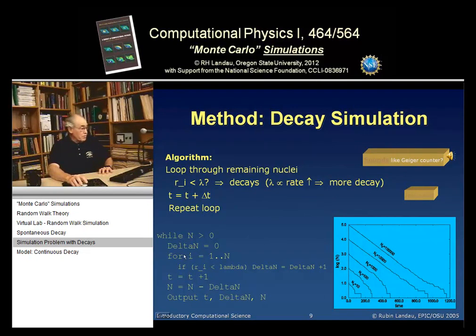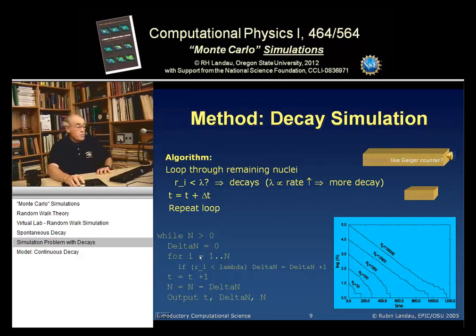It's a for loop. For I equals 1 to the number of nuclei remaining, ask the simple question: is the random number I choose less than the decay rate? And you can choose any number for lambda, as you should. If the answer is yes, then increase the number of decays, delta n, by 1.